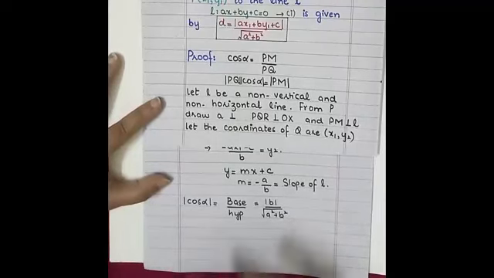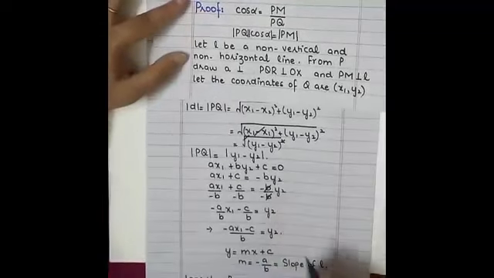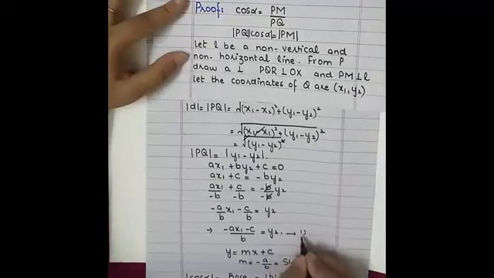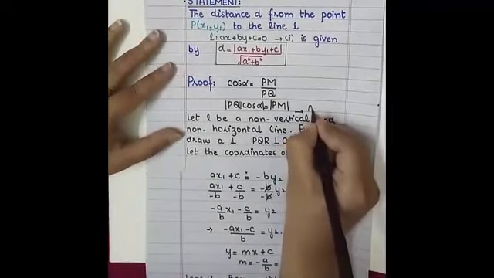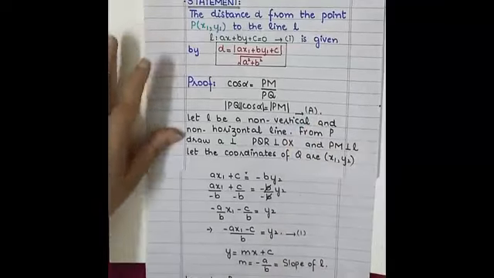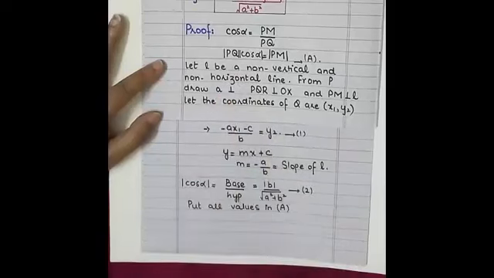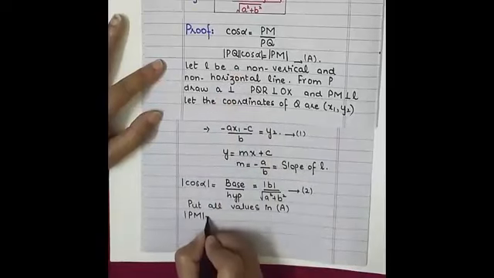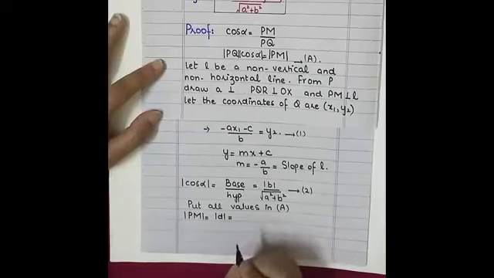Now we will put both of these values, this value of PQ as 1 and cos alpha as 2, in this equation which we represented as A. In A we have PM, which is equal to D. It is equal to PQ times cos alpha.